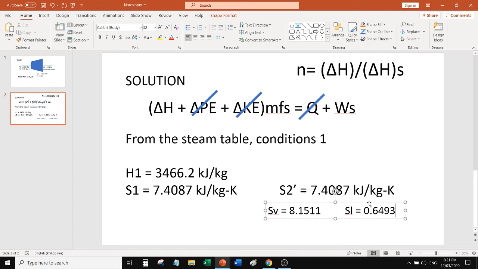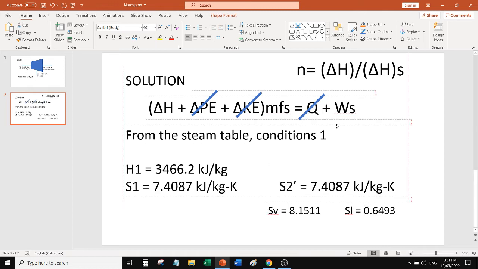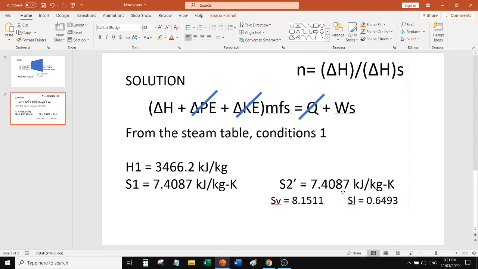So, dyan mo makakalkulate yung x mo. Pero, hindi pa siya yung x sub 2 talaga, kasi nag-assume ka pa lang ng isentropic. So, x quality siya ng isentropic expansion. And, name natin siya na x prime.